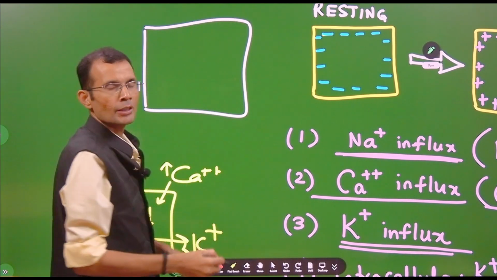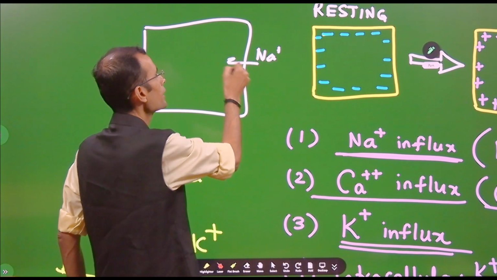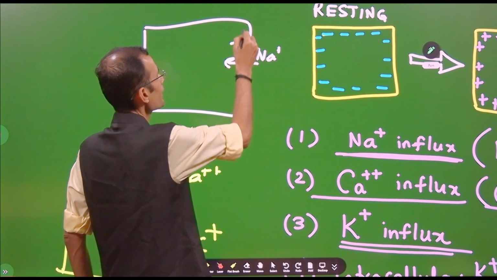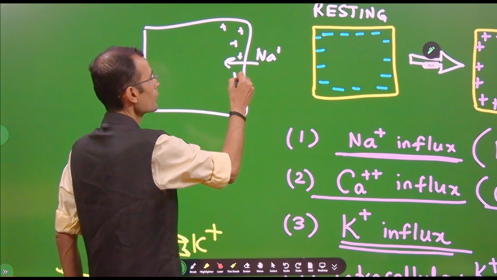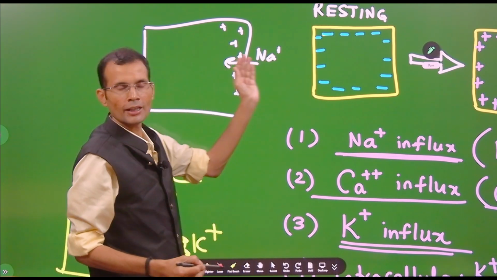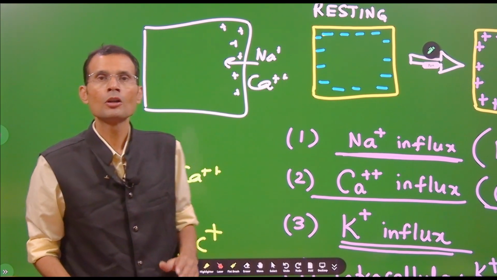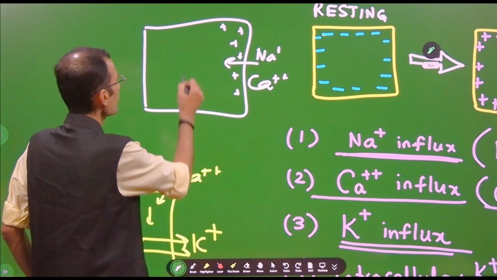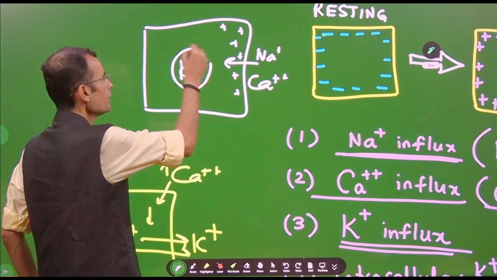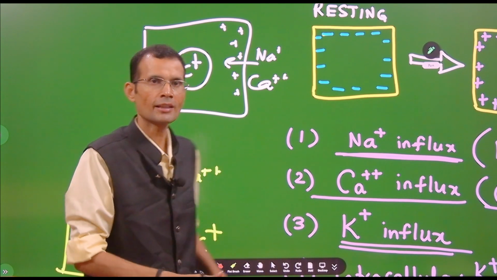A cation from the outside comes in and just lines up on the inside of the membrane, causing membrane depolarization. So a cation coming in like sodium or calcium, or an intracellular cation like potassium, which is high inside the cells.